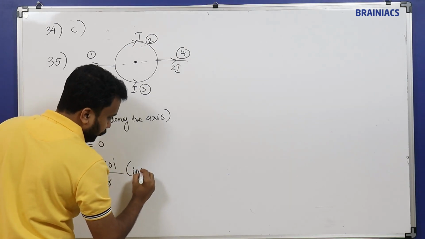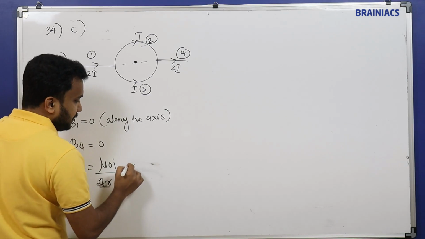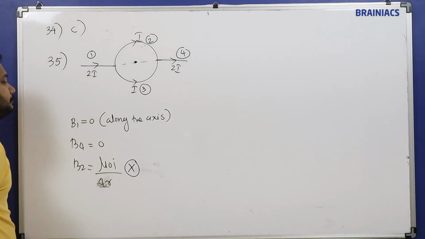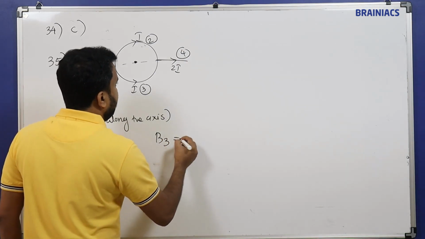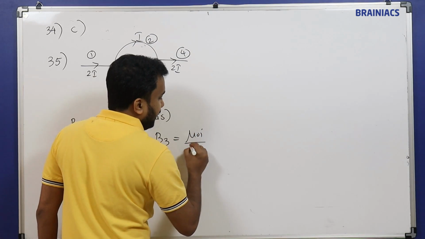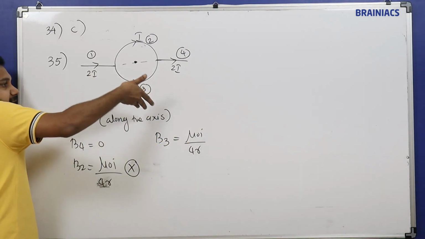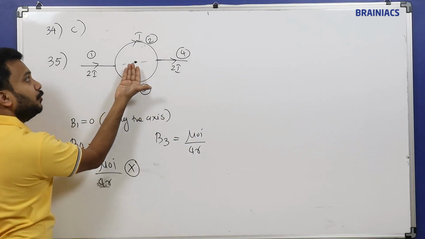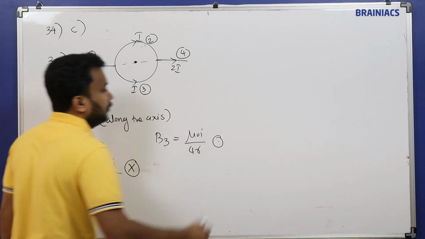Here it is into the board. Okay. So into the board, how we are normally representing with a cross sign. Okay. Next, magnetic field at the lower half, B3. B3 is also a half circle, mu 0 I divided by 4R. But how the magnetic fields will be here? I am using my right hand, bottom side into the board and here it is out of the board. So here it is out of the board.